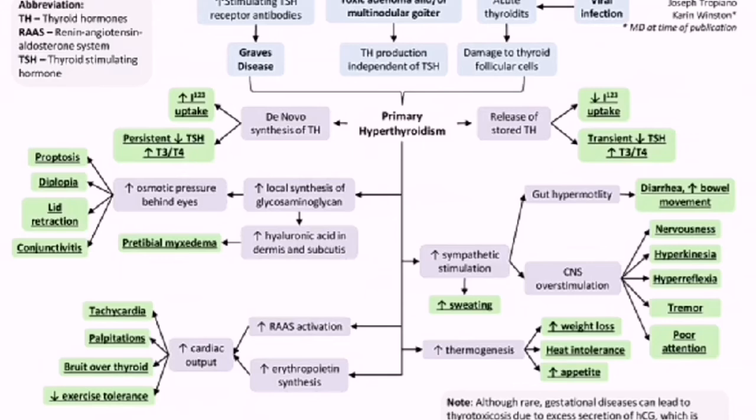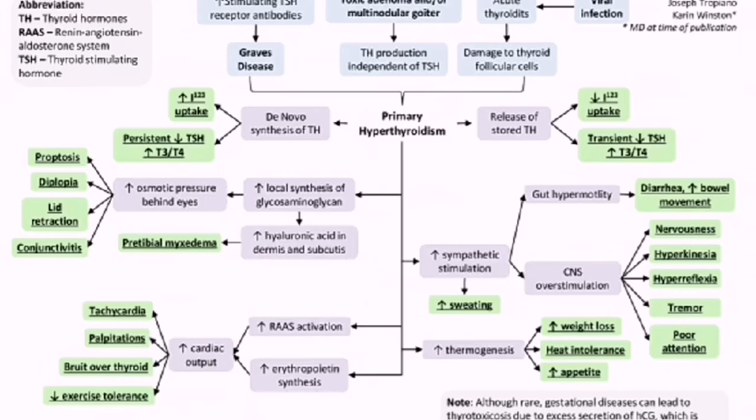The increased stimulation by TSH receptor antibodies is called Graves' disease. We have studied Graves' disease. Then there is hormone production independent of the TSH and damage to the thyroid follicular cells.